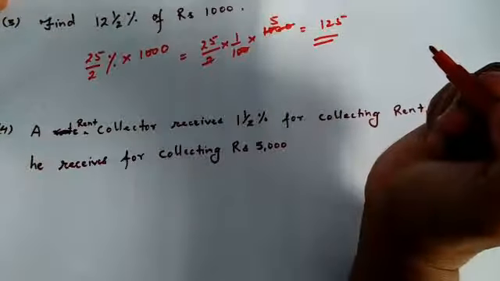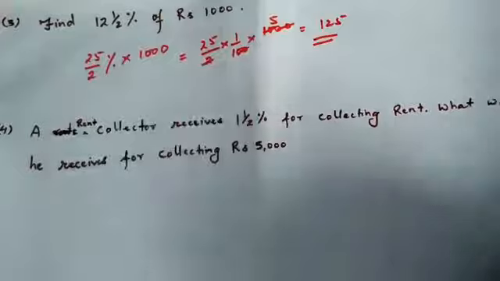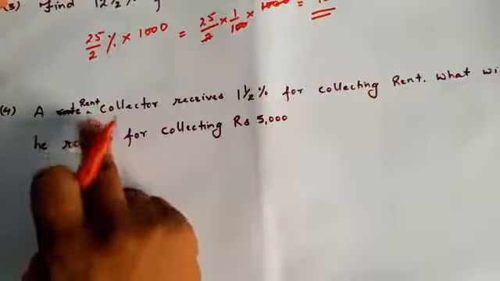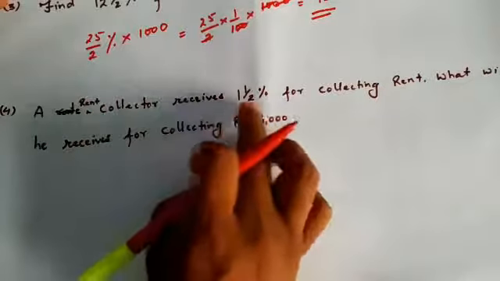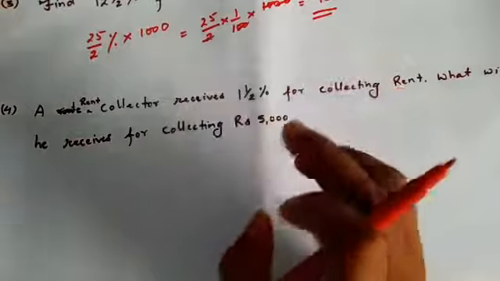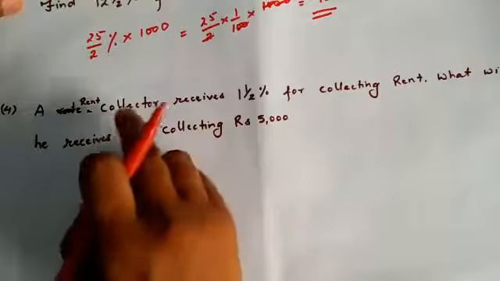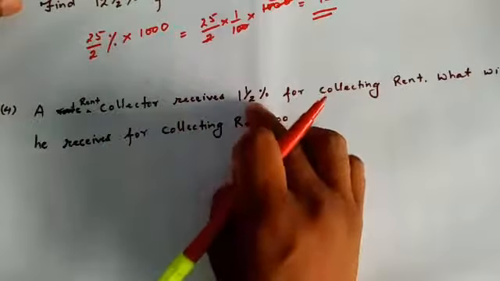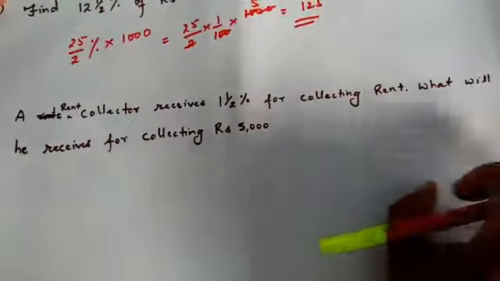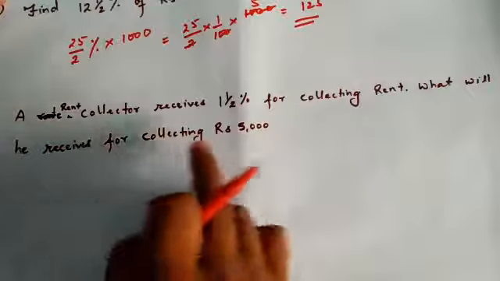Moving to the next question. A rent collector receives 1.5% for collecting rent. If a person is collecting rent, he gets a percentage of 1.5% for collecting every rent. So what will he receive for collecting rupees 5000?